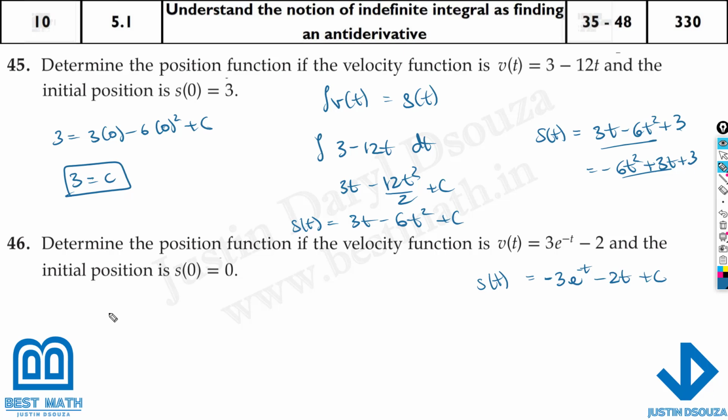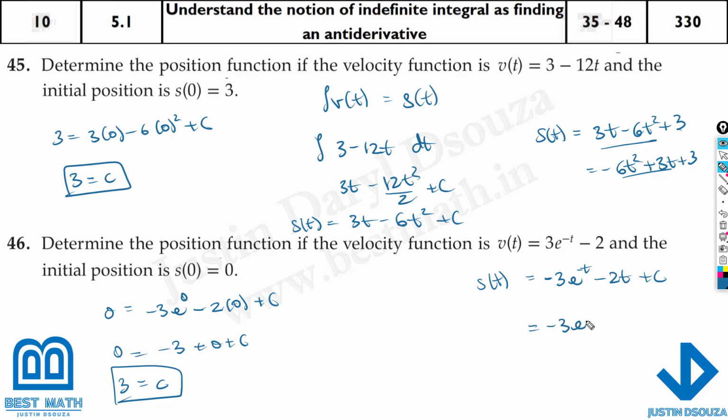So it's going to be 0 equals minus 3 e to the power 0, minus 2 times 0 plus c. Now what happens here? This is 1. So we have minus 3 plus 0 plus c equal to 0. This to the other side, 3 is equal to c. Even over here, the constant of integration is 3 itself. So here we have to write minus 3 e to the power minus t, minus 2 times t plus 3.